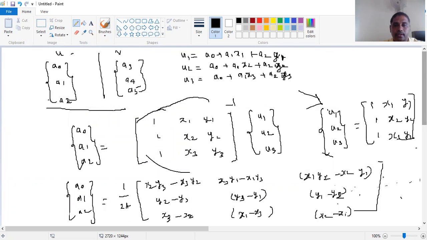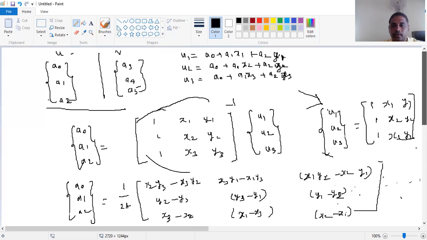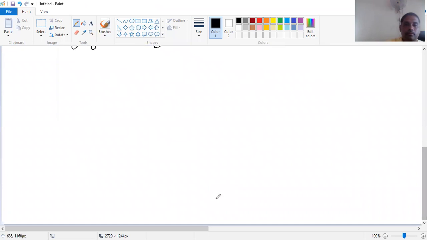So if you substitute these values in the matrix, we have to convert it into the generic form u is equal to N1 u1 plus N2 u2 plus N3 u3.